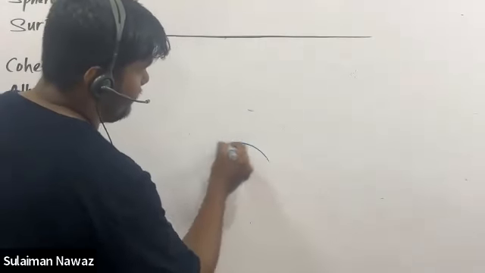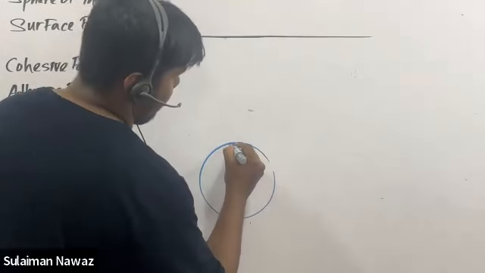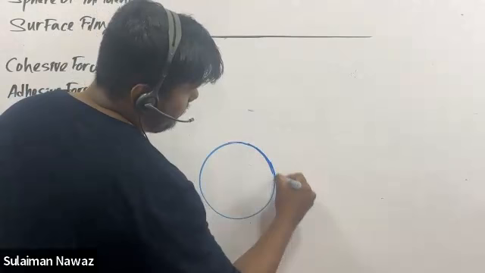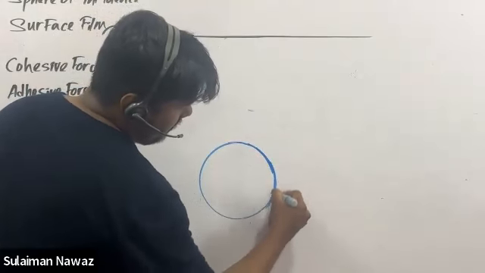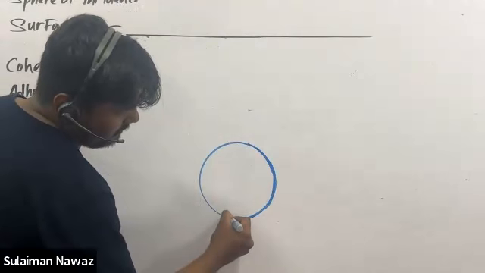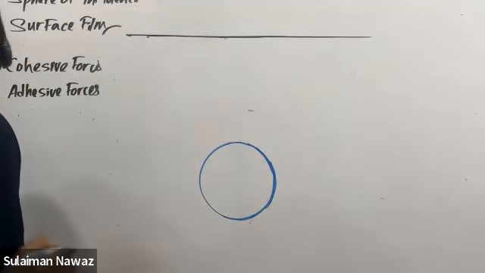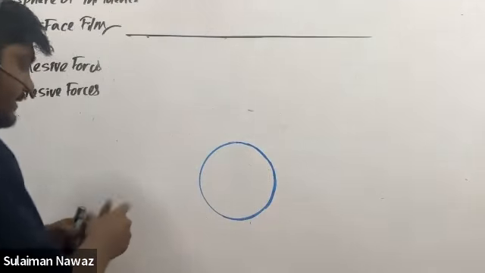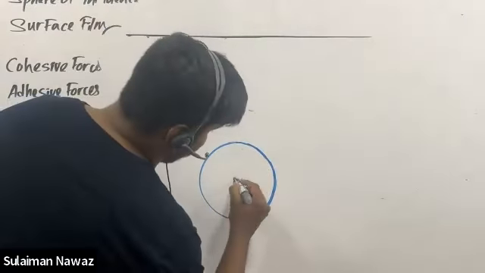I take time to explain. Surface tension is not easy to explain. It is not a direct theory substitution. Now this is my black color liquid particle that is at the center.